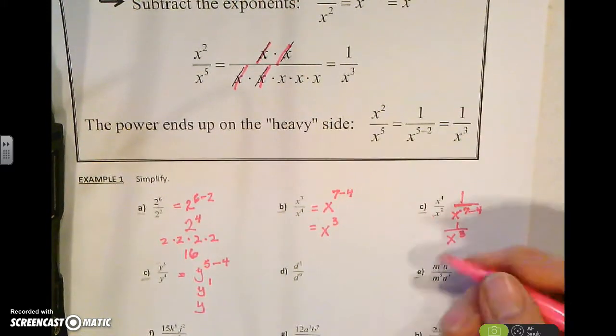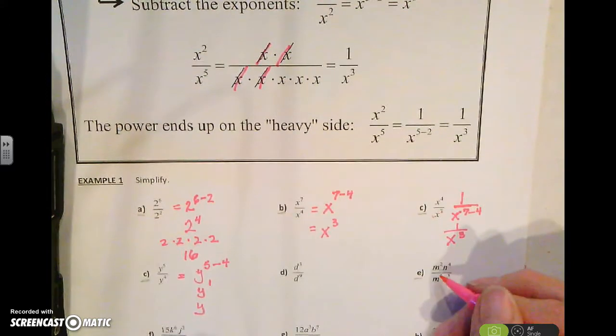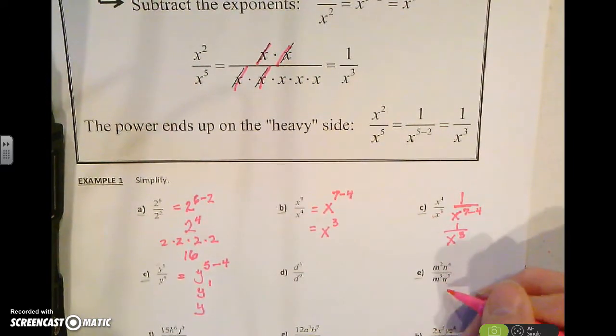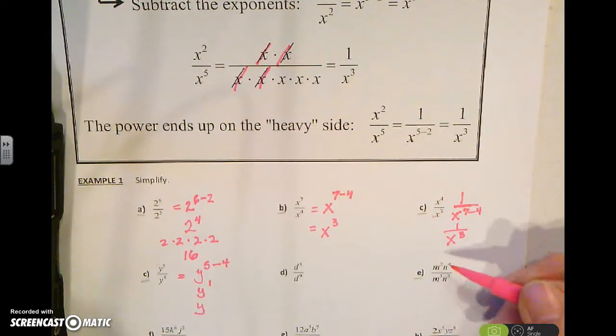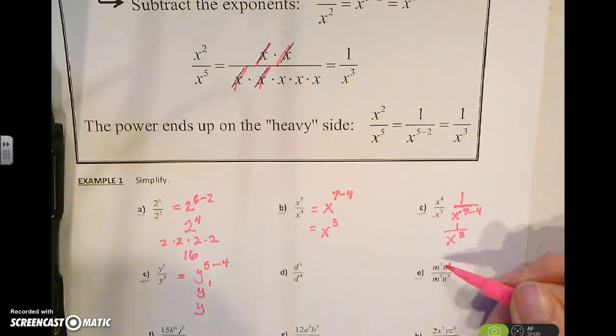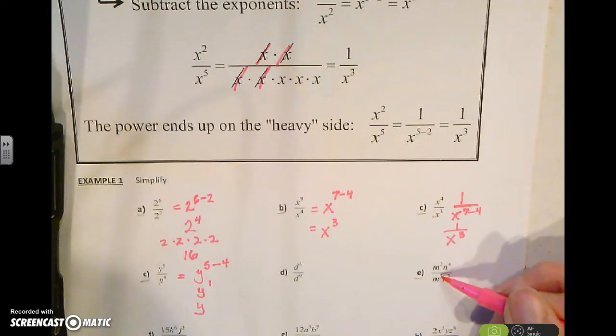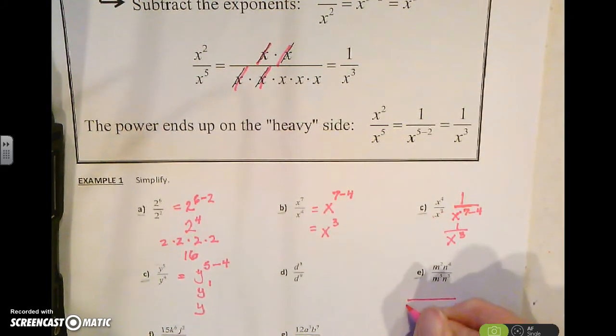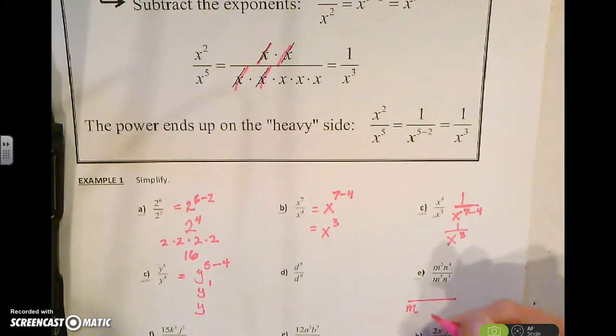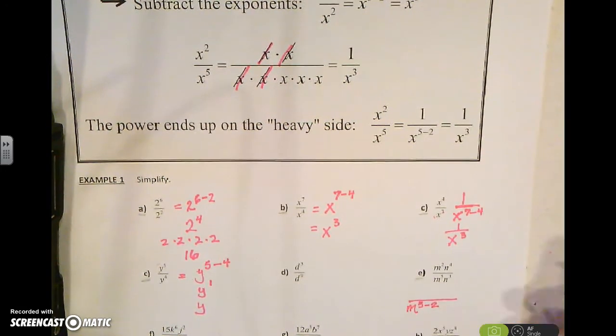Example E, we have several variables in our expression, so we're going to combine the ones with the same base. So when I look at the m's, I have m to the second divided by m to the fifth. My heavier one's in the denominator, so my m's are going to end up in the denominator, and I will have 5 minus 2.